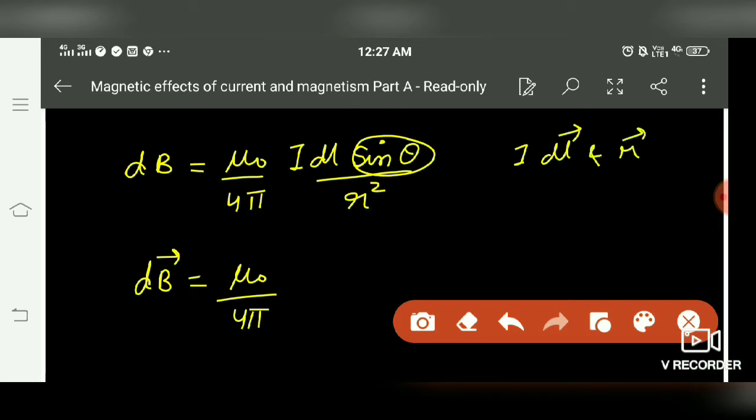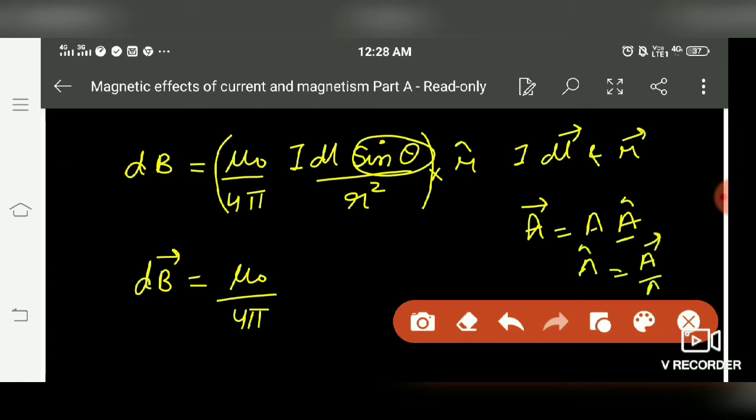So this is a magnitude. We know that a vector is represented by magnitude into direction with the cap. If this is the magnitude, then the direction is r cap. Instead of r cap or a cap, we can also write a vector upon a. So instead of r cap, we can write r vector upon r.